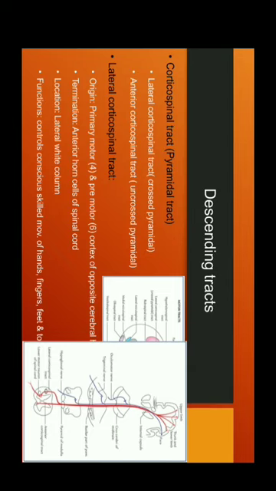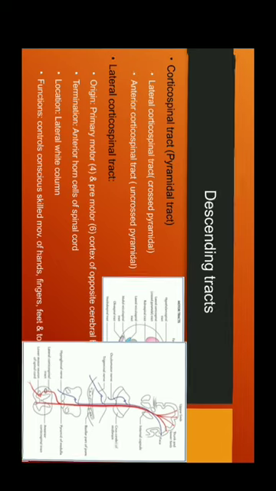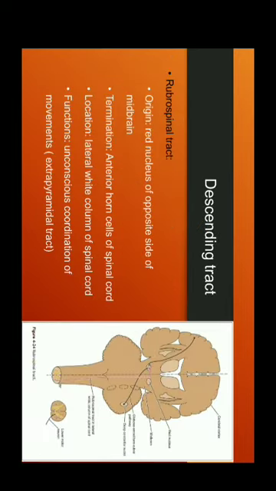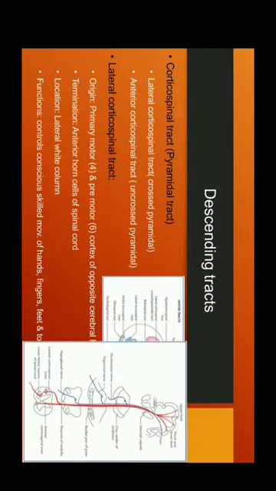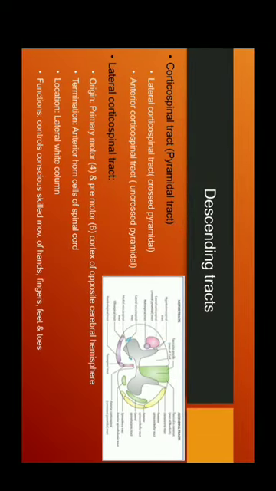This corticospinal tract is divided into the lateral corticospinal tract and the anterior corticospinal tract. The lateral corticospinal tract is the crossed pyramidal fibers, and the anterior corticospinal tract is the uncrossed pyramidal fibers.